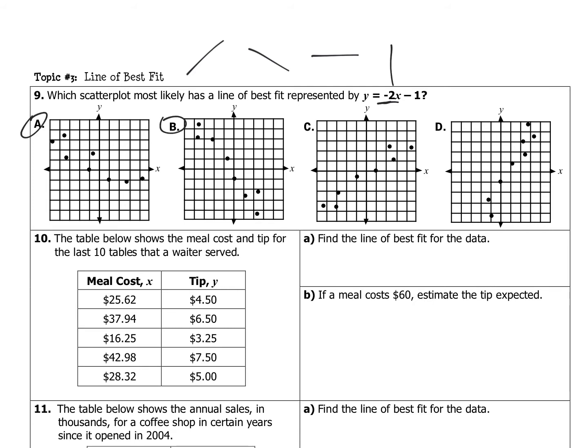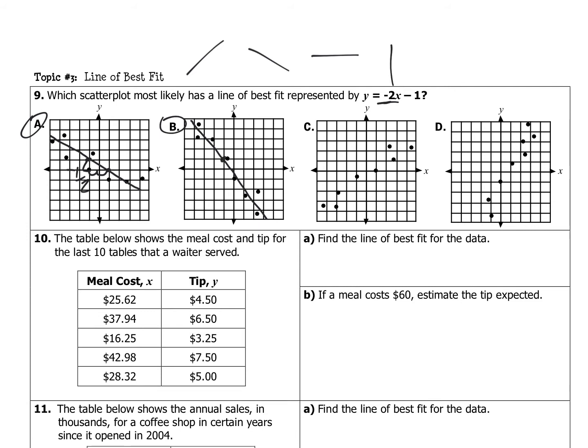Now, if I were to try to draw a line through these, let's see. I can see generally about what the slope would be. Okay, so I'll pick 2 points. This looks like down 1, right 2, which is -1/2.